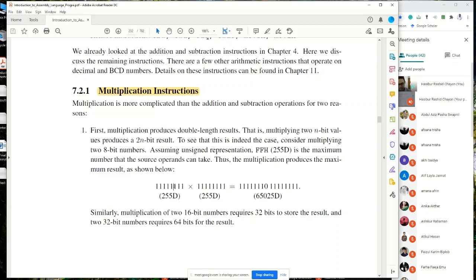That means if it is 8-bit multiplied by 8-bit, you have to have a storage which is 16 bits long. If you multiply 16-bit by another 16-bit value, you should store that result into 32-bit storage. Same as 32-bit multiplied by 32-bit, you have to store into 64-bit storage, right? So that is issue number one.